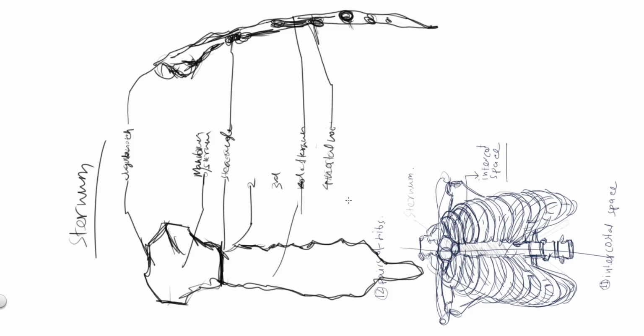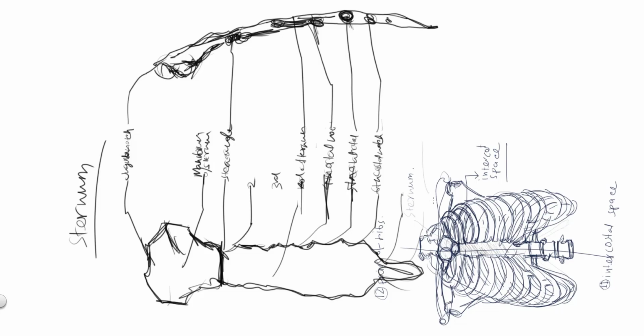I'm just showing you the basic things. Okay, this is the fifth costal notch, and this is the sixth costal notch. This is called the xiphoid process.